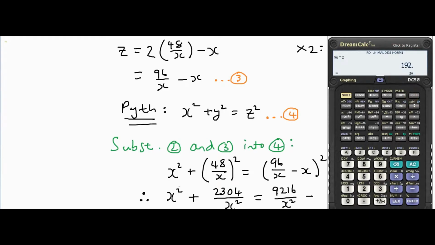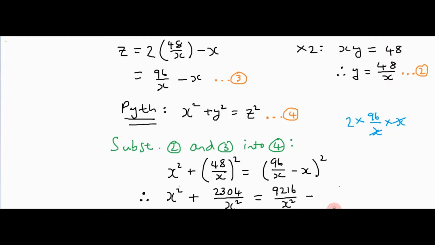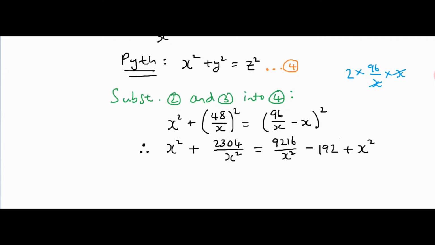And that's 192. Then plus the second term squared, which is x squared. We can cancel the x squared on both sides.